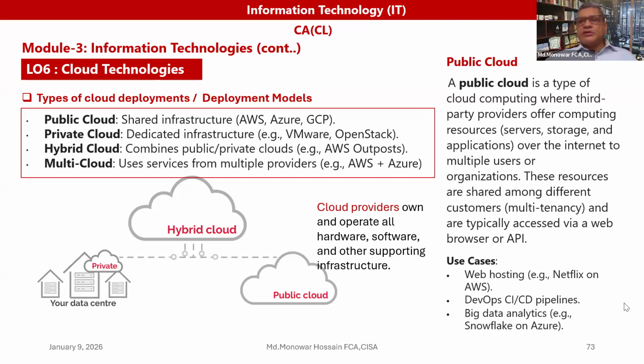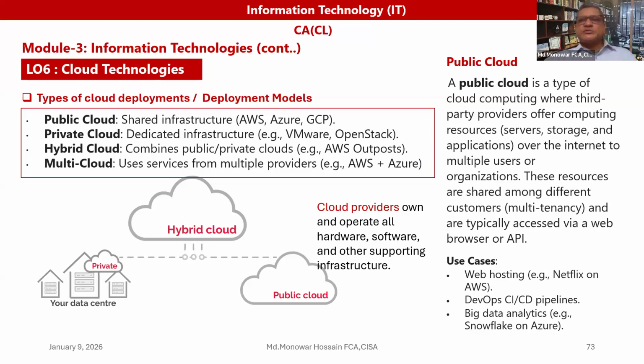The public cloud is a type of cloud computing where third-party providers offer computing resources. For example, server: we can use a server without having the server. We can store our data without having the server. And we can use the software or application without owning it, just provided by the cloud service provider over the internet to multiple users or organizations.